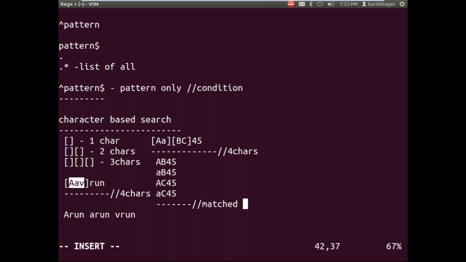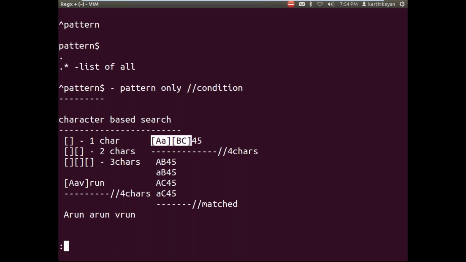So the pattern: two square brackets, two characters, followed by any two characters. One square bracket, one character; two square brackets, two characters, like this. Any combination, but in left to right order.